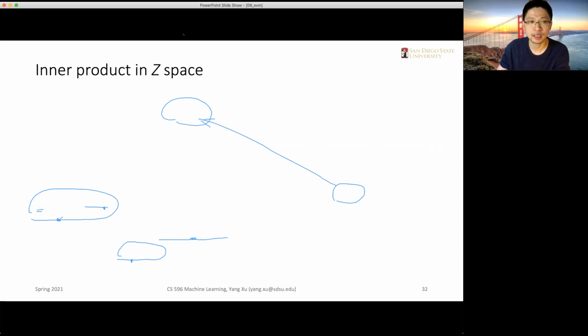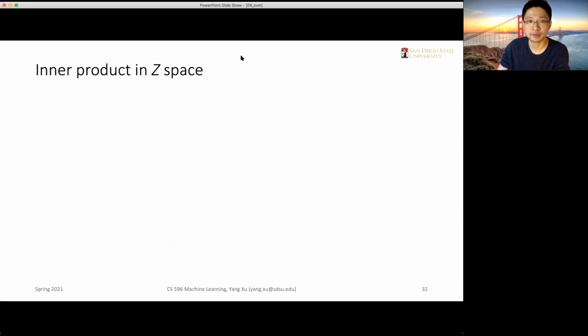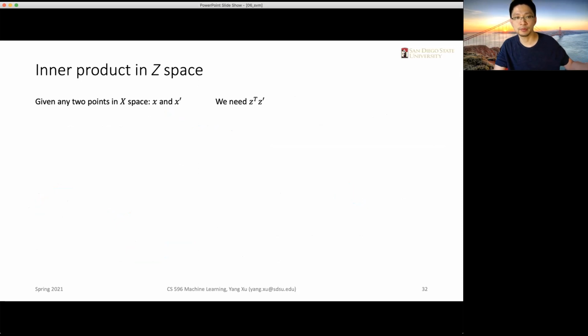All right, so let's see some examples of inner products in Z space. For example, given two data points in X space, we want to know the inner product in Z. We can define the inner product in Z space by a kernel function called capital K in this case.